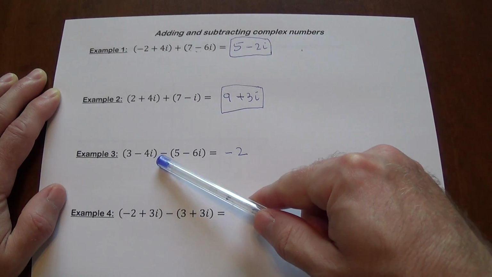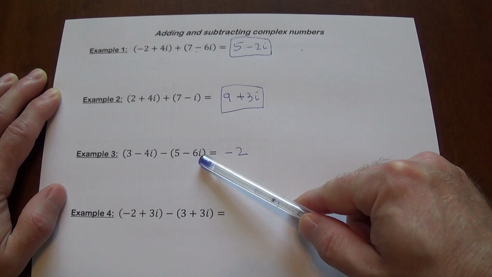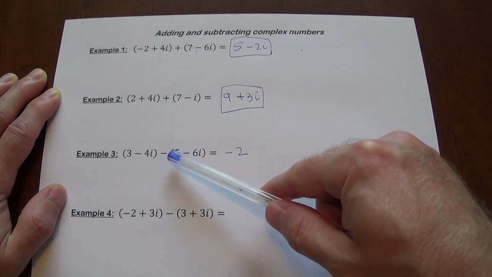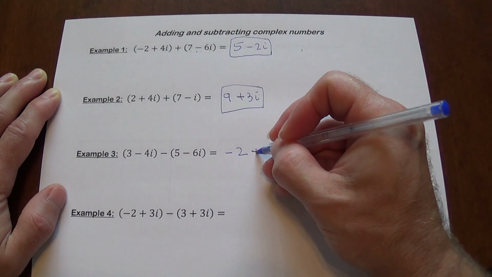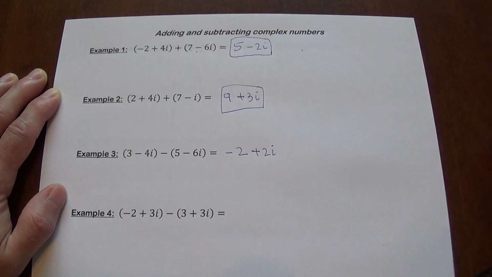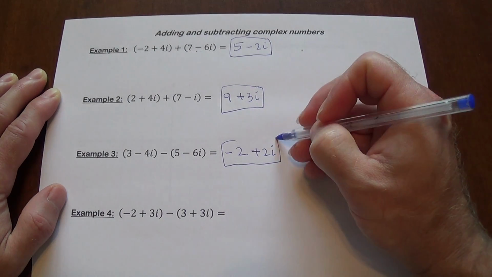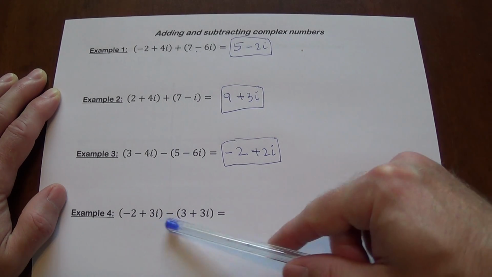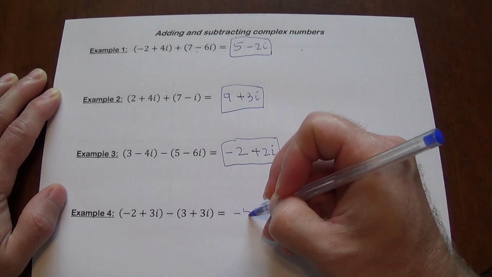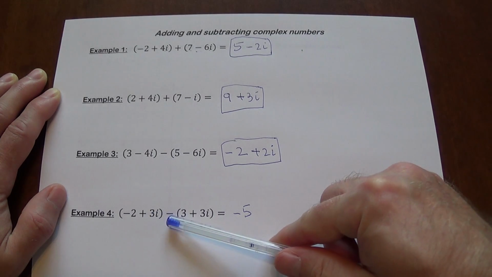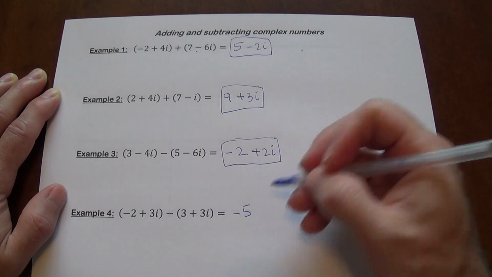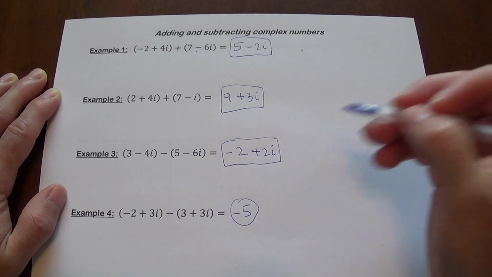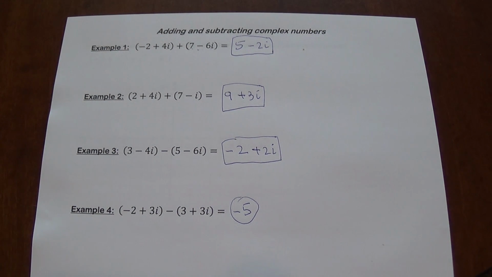Negative 4i minus negative 6i will give you plus 2i. Negative 2 minus 3, the real parts, will give you negative 5. 3i minus 3i will give you 0, and you're actually going to get just a real number here, because the imaginary parts cancelled.